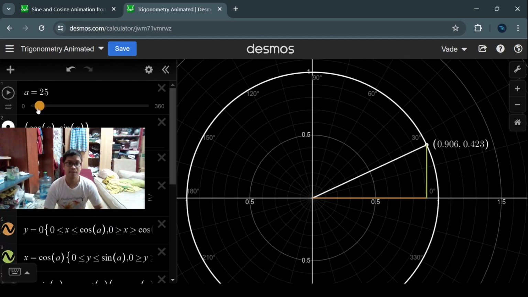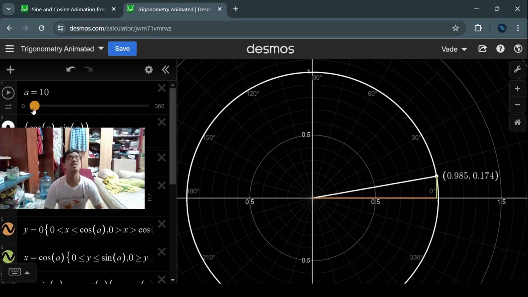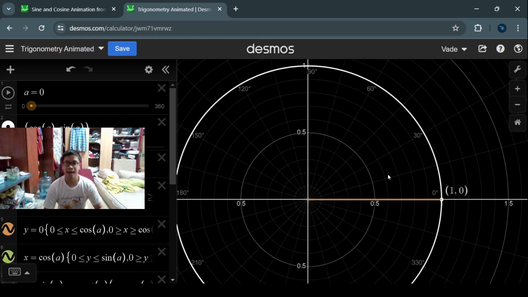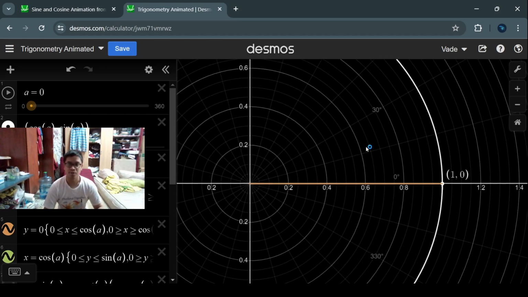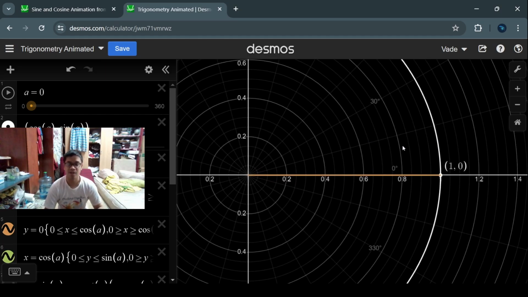Let's do some experiment. What if we rotate the angle starting from 0 degrees, or exactly at the x-axis? If you observe here at 0 degrees, your x is 1, your y is 0. So what does it mean? Meaning that cosine 0 degrees is exactly 1. Sine 0 degrees is 0.